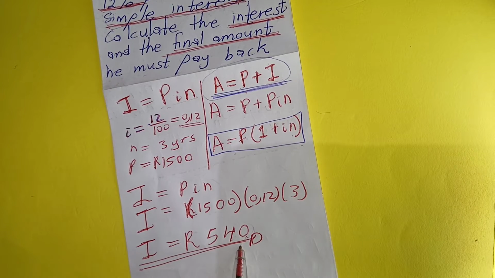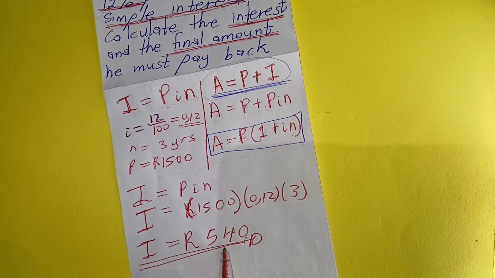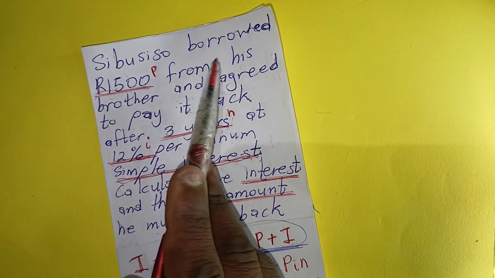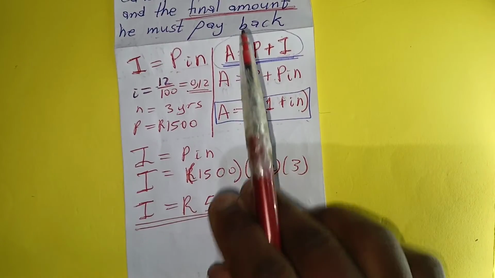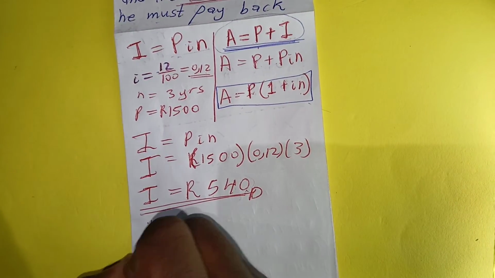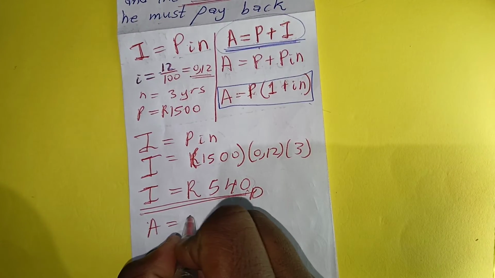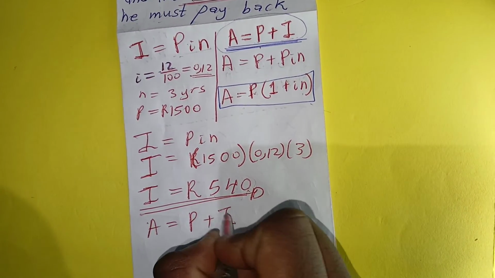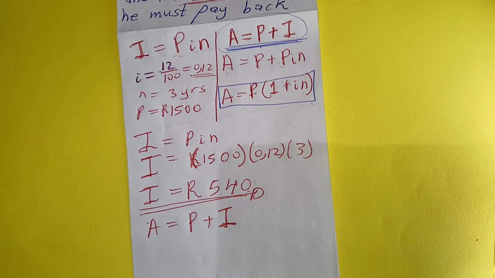This one is the interest, meaning that the money will increase until here. But Sbusiso, the one who borrowed the money, must pay this man now, which is A is equal to P plus I. Do you see?